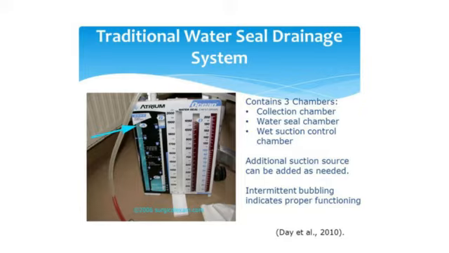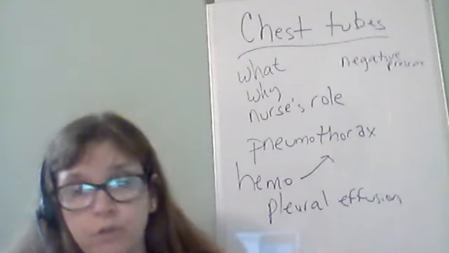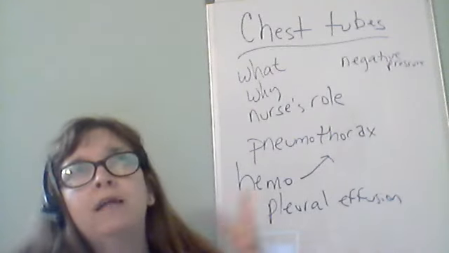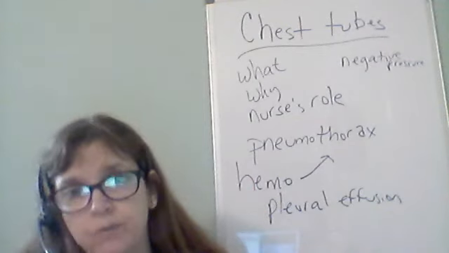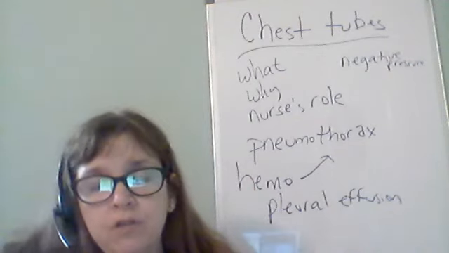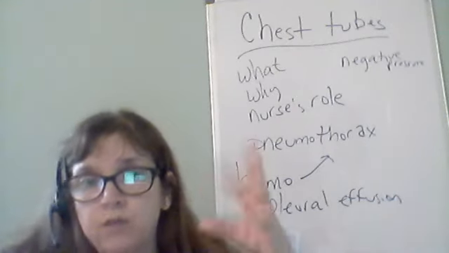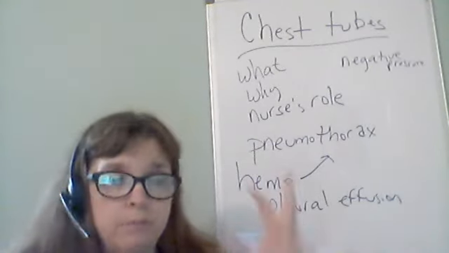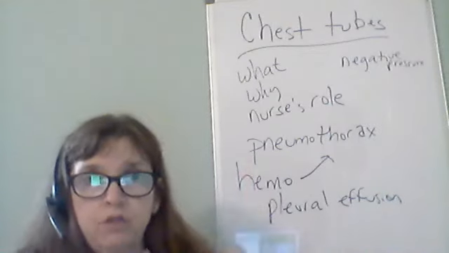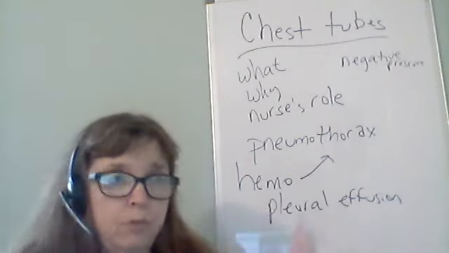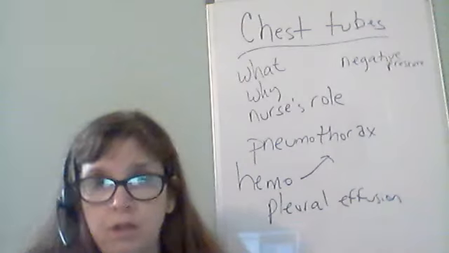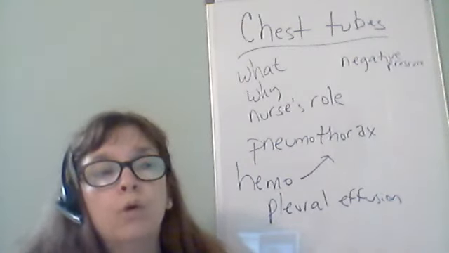But the water in that chamber does help maintain the right amount of ordered suction. And we're not seeing as many of those. When it's hooked up to suction, you should have bubbling in there, kind of like what you see in a fish tank, that kind of constant bubbling. Actually, a patient said that to me after their chest tube was removed. What happened to my fish tank? Where did it go? So that's one type.